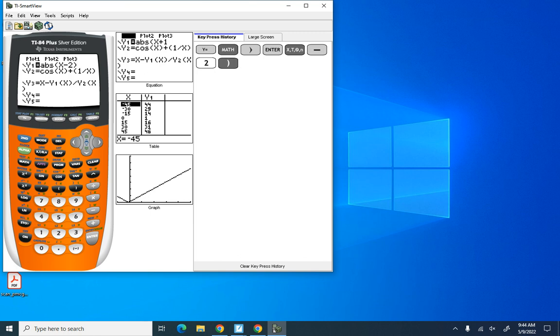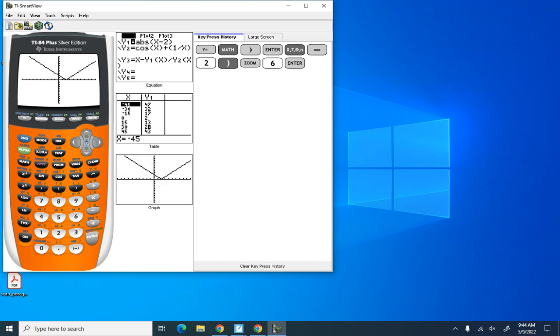Close our parenthesis out. I can see in my graph my window is going to be bad here, so I'm going to have to adjust my window. If I go to zoom and go to standard 6, I can get everything in my interval or my graph.